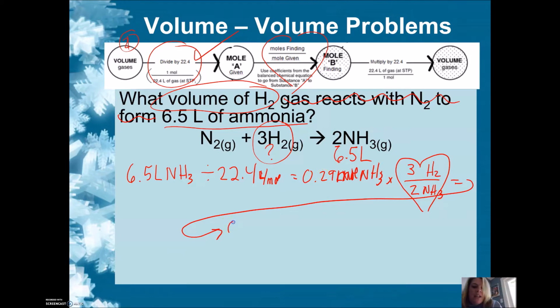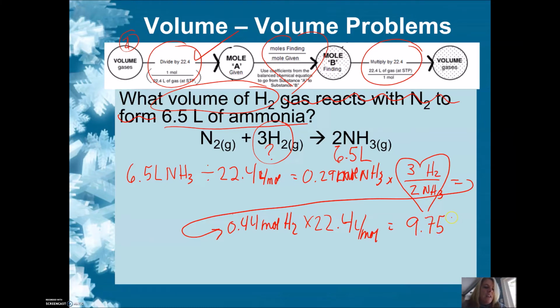When we do that, we get 0.44 moles of H2. All right, last step is to multiply by 22.4, just like in our last problems, because that's our conversion from moles to liters. And if we do that, we're going to get 9.75 liters of H2.